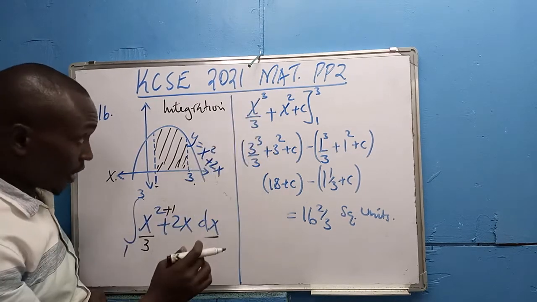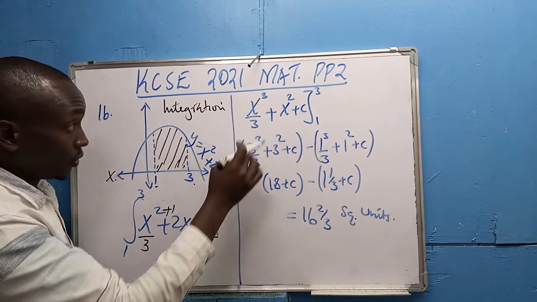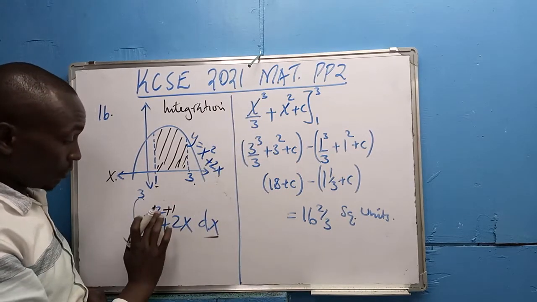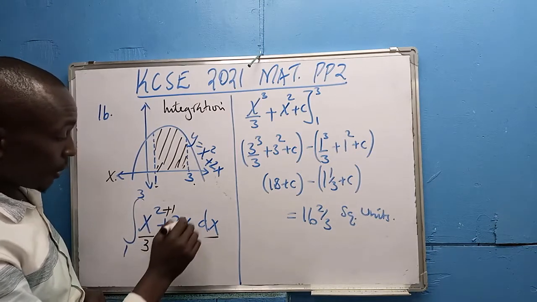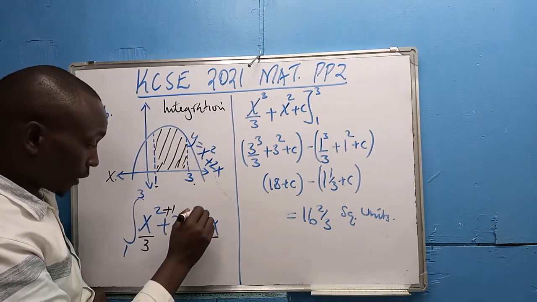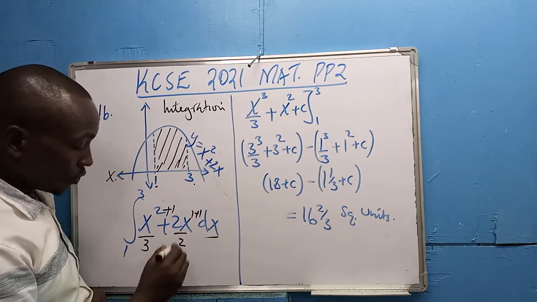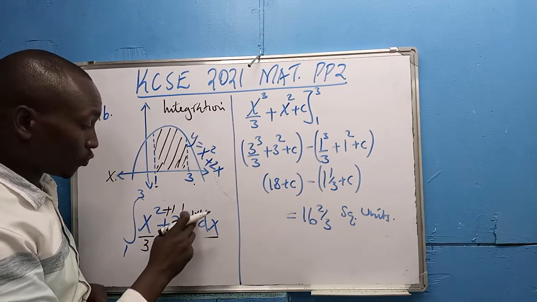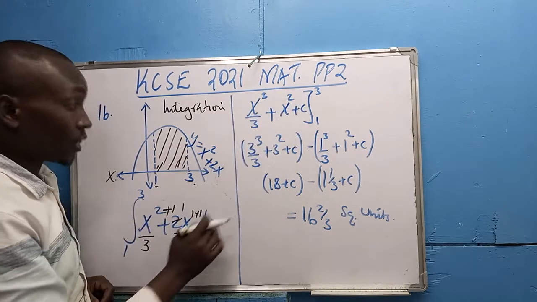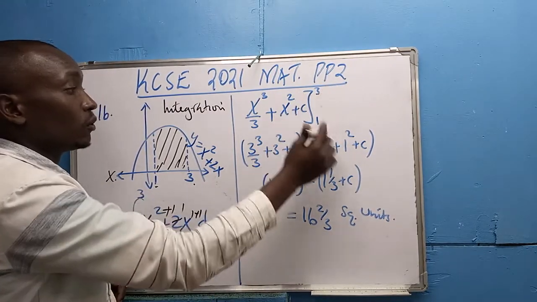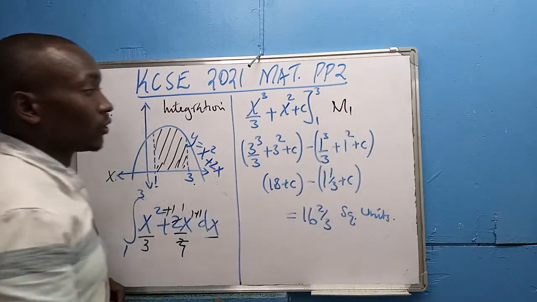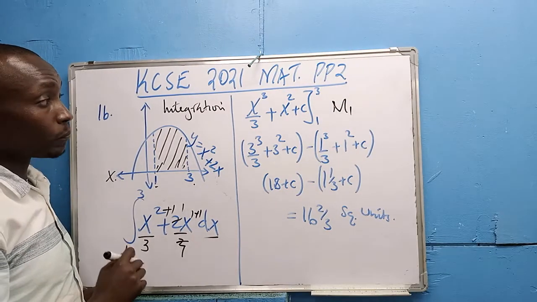That's what I've done here: x cubed over 3, which is 2 plus 1 over 3. Then over here, the power is 1 plus 1 over 2, so the 2s cancel, x to power 2, then plus c. The limits remain from 1 to 3. And that's where the student scores the first mark.